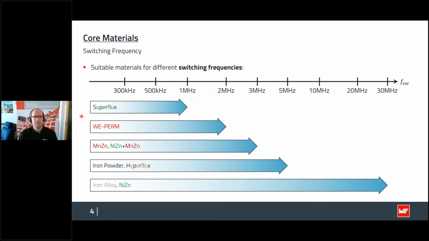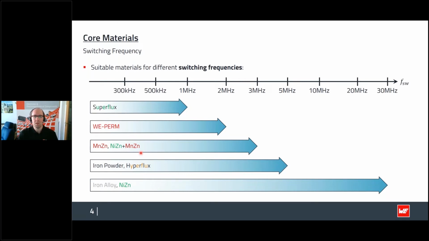That's why the frequency range of such material is limited to about 1 megahertz. The next one, WE Perm, is also a brand which is mainly based on manganese zinc material, but with a higher content of iron oxide. Then we have the so-called sintered ferrite materials, which are soft magnetic materials, manganese zinc and nickel zinc.